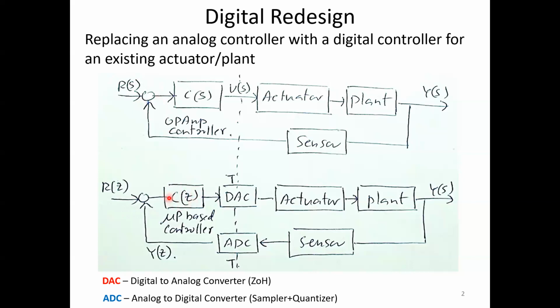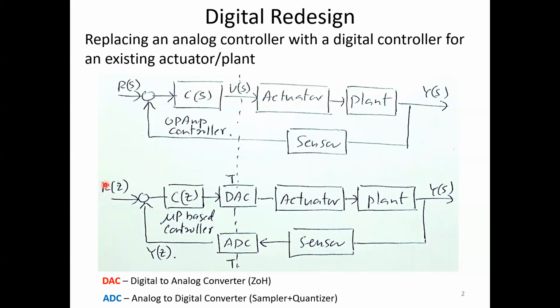The discrete time controller cannot receive a continuous time signal. So you have to change R(s) into R(z), which means you have to discretize R(s), the reference, as a set of samples.